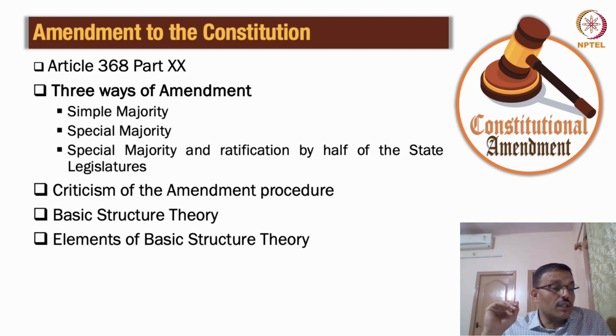The first constitutional amendment that was brought in 1951 was challenged. Shankari Prasad versus Union of India, 1951. So in that case, you will notice that the first amendment to the Constitution curtailed the right to property under Article 31 of the Constitution, and hence the first amendment to the Constitution itself was challenged.